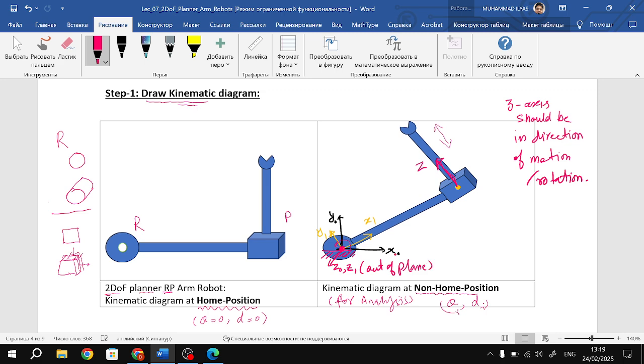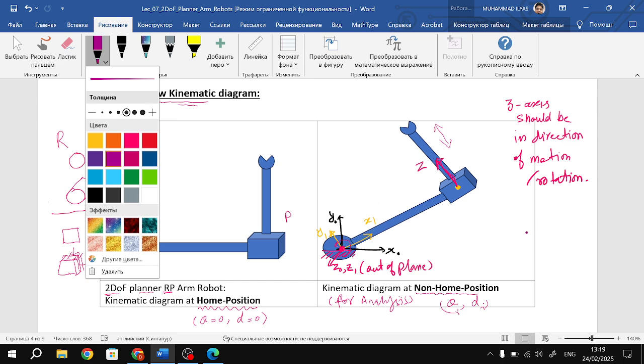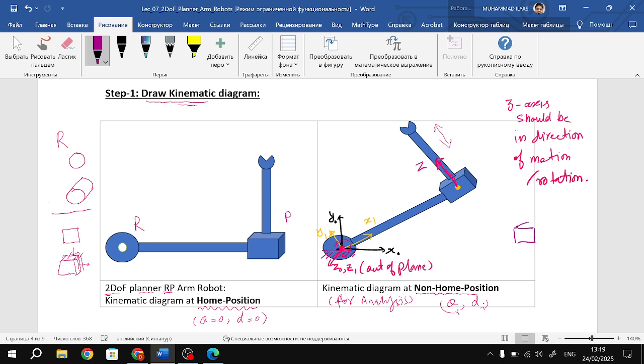You understand this. We are studying a planar robot, so our z-axis in the case of the revolute joint will be out of the page, towards you. But the z-axis of the prismatic joint depends on the direction of our prismatic joint. For example, if our prismatic joint is moving from left to right, this is just an example, right? If our prismatic joint is moving in this direction, then that will be our z-axis.